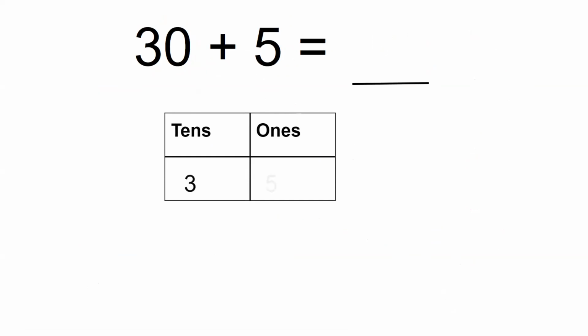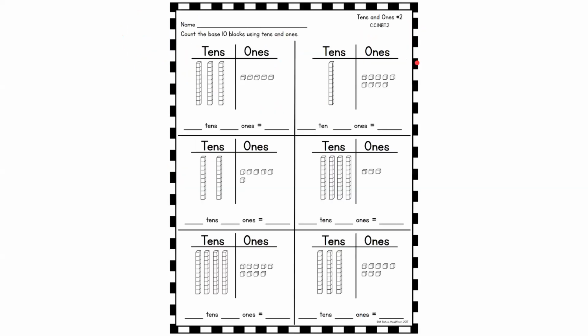And this is 30. So I will write this in tens. How many tens is this? This is 3 tens. So I will write 3 under tens. So I have 3 tens and 5 ones. This means that my number is 35. So the standard form is 35. Like this, we can find the standard form.